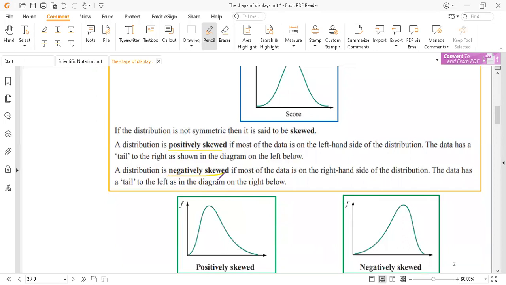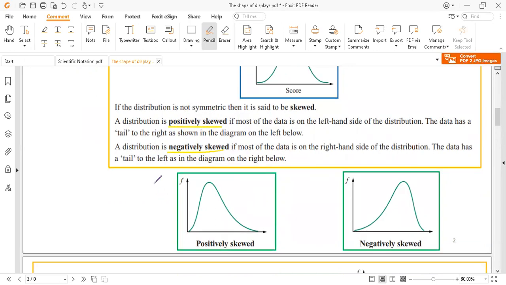We can use a graph or some plots to represent the distribution when it is positively skewed and when it is negatively skewed.